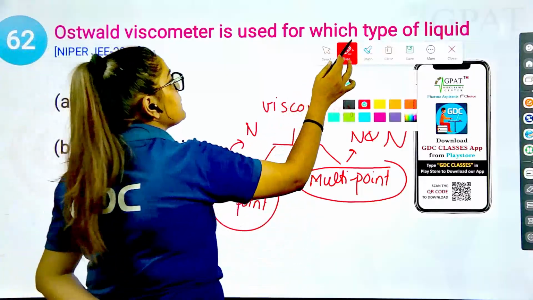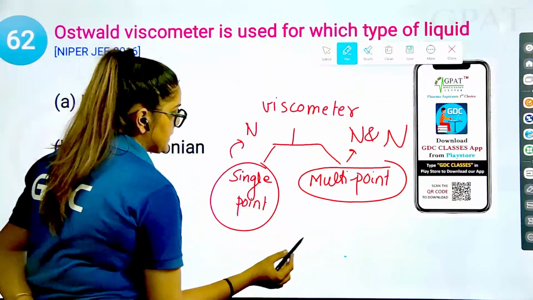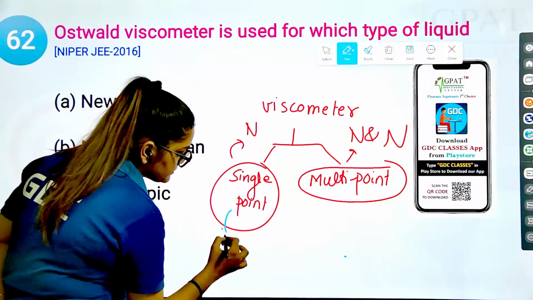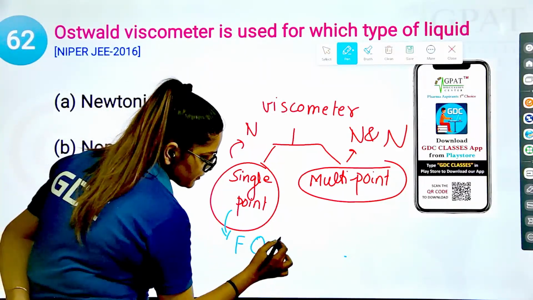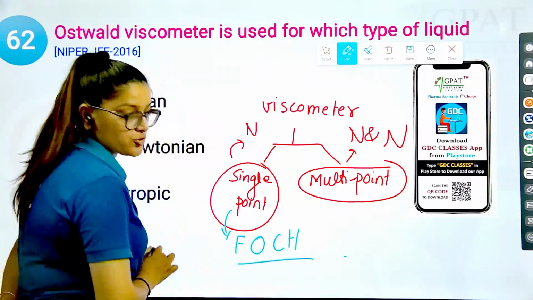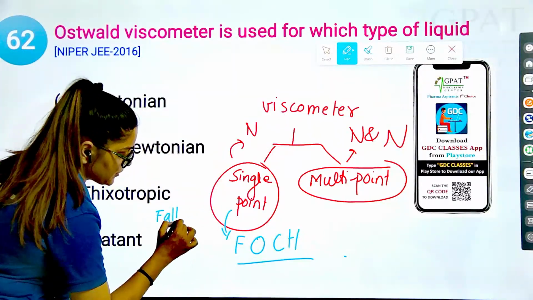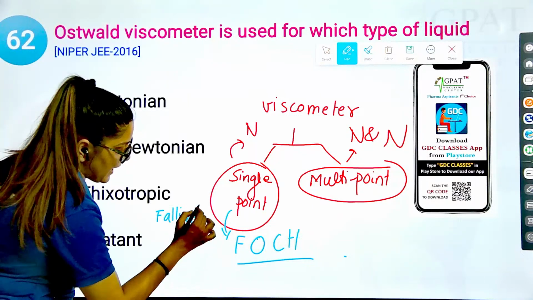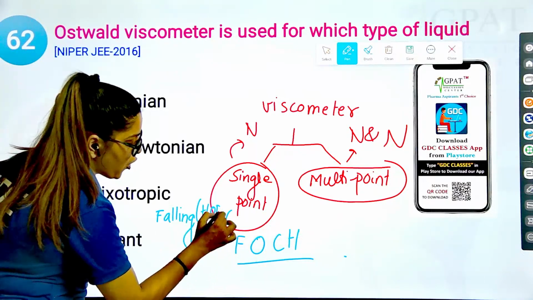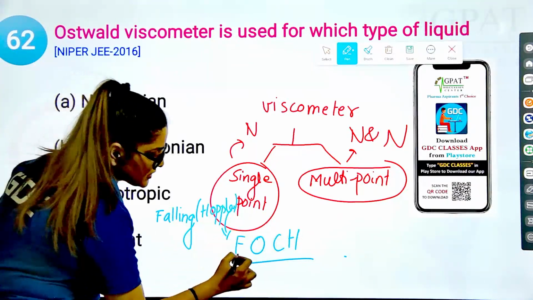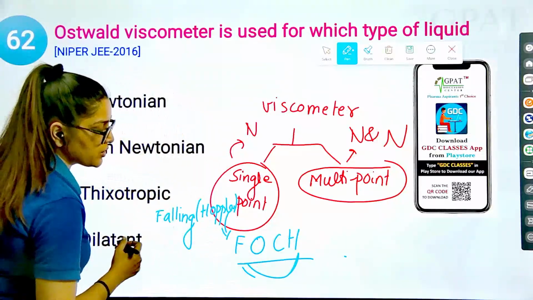For the single points we have some important examples: Foch. We will say Foch. Foch stands for the falling sphere viscometer and the example for the same is the Hoppler viscometer, right? So this F and H are correlated.